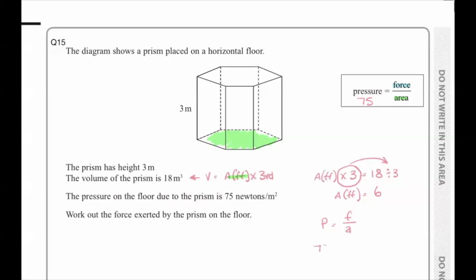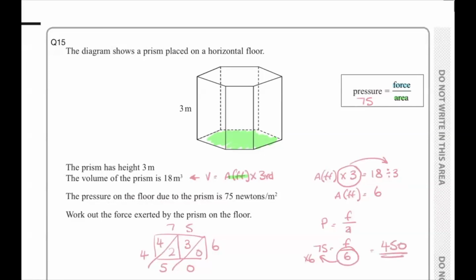My pressure is 75. I don't know the force, but I know the area is 6. Times through by 6, and you've got your force. So again, you might set this up, use whichever method is easiest. Just multiply and then add through the diagonals, and you've got the force is 450 on the dotted line.